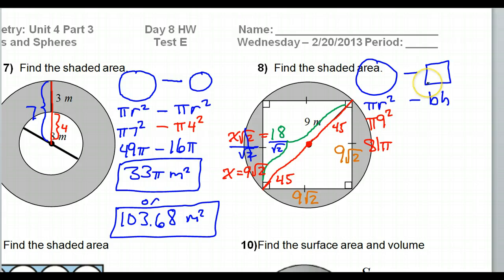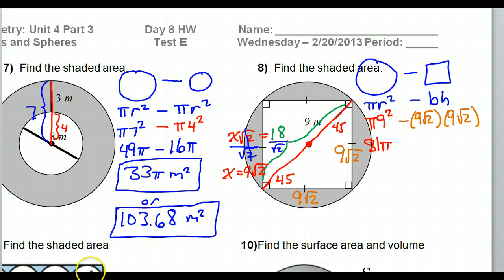We're trying to find the area of the square. We needed the base and the height. So the point of doing this whole 45, 45, 90 triangle thing was to figure out that these are 9 radical 2. So now, when I go to do my base times height, I can do 9 radical 2 times 9 radical 2.